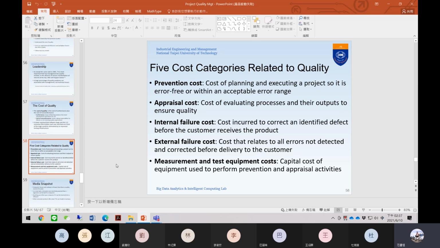So the last one is the measurement and test equipment cost. That is the capital cost of the equipment.